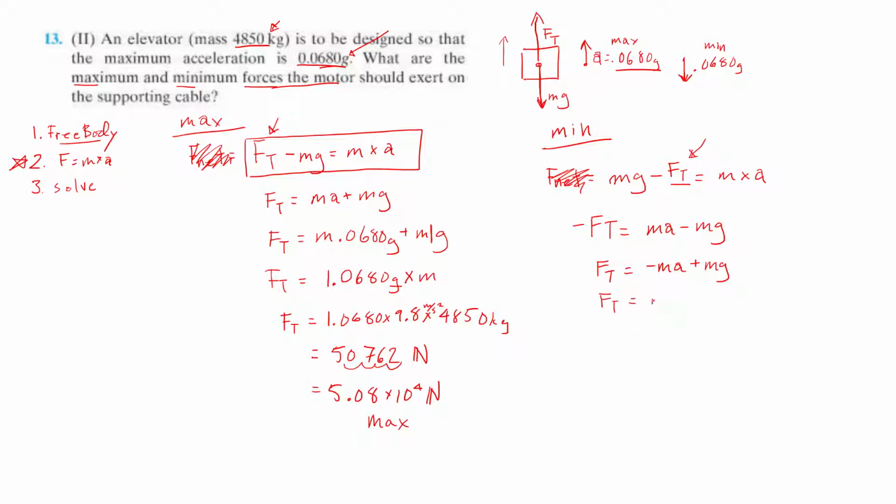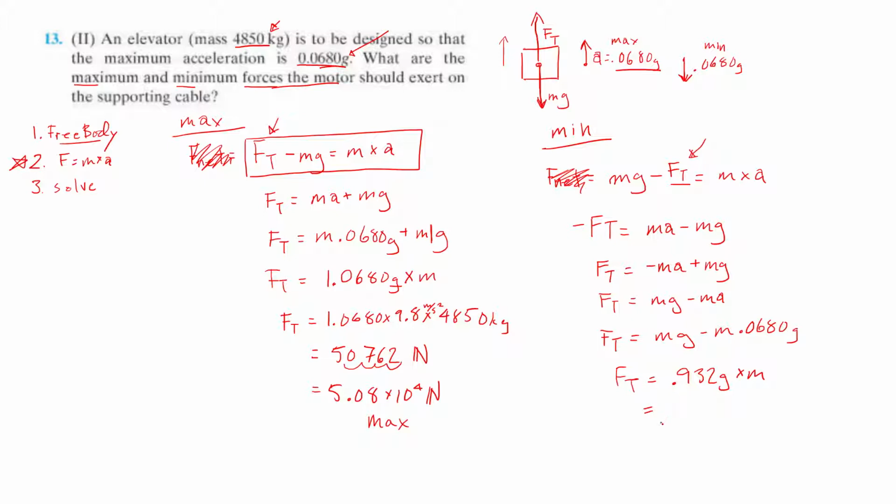Ft is equal to mg minus ma. Notice how the math is now slightly different, but I could still plug in: Ft is equal to mg minus m times 0.0680 g. So Ft is equal to 0.932 g times m, right?